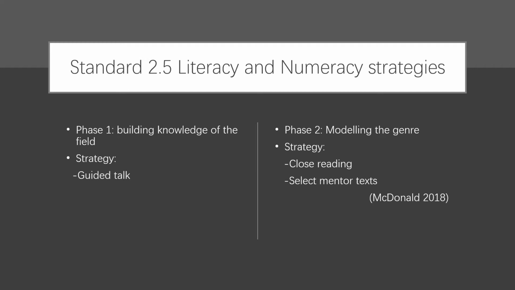In phase 2, I used close reading, which involves talking about features like the structure, vocabulary, reader-author relationships, and so on. I also selected mentor texts, which are quality narrative books, as models for writing to stretch my students' capabilities.